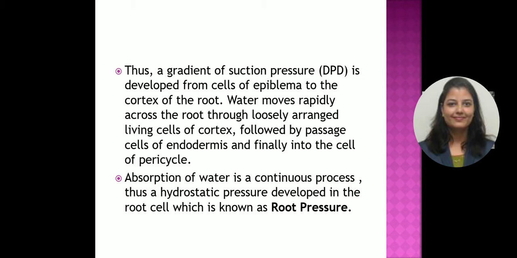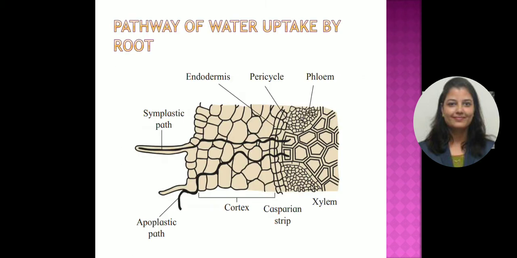Absorption of water is a continuous process, so a hydrostatic pressure is developed in the root cells, which is known as root pressure. This is the diagram of the pathway of water uptake by the roots.